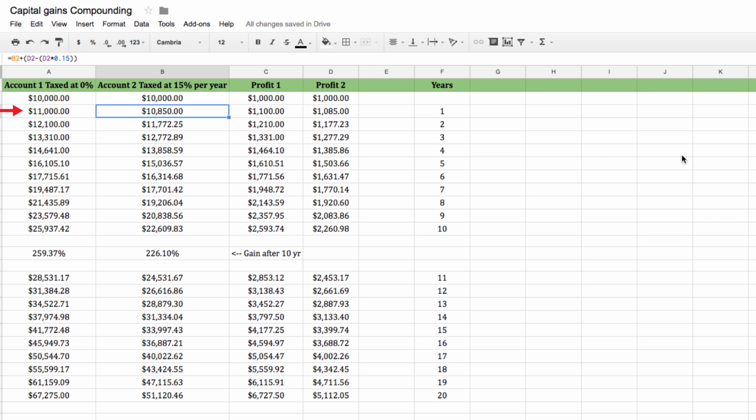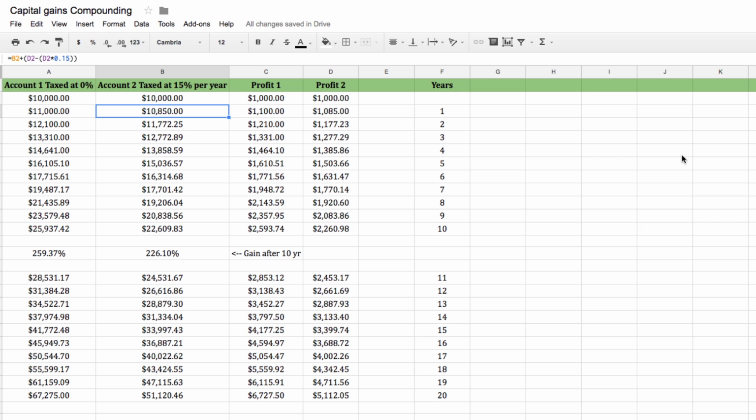The second account also makes 10% and is worth $11,000, but those are gains that are realized, and so they're taxed at the capital gains tax rate. So now the account is going to be taxed $150, which is 15% of the gain of $1,000, and now the account is only worth $10,850.